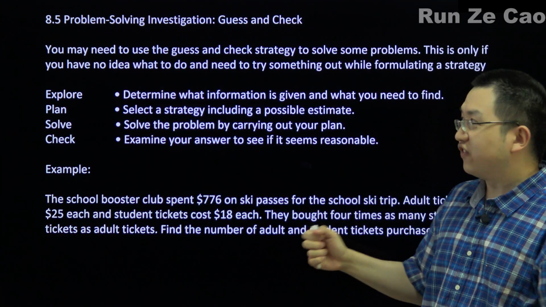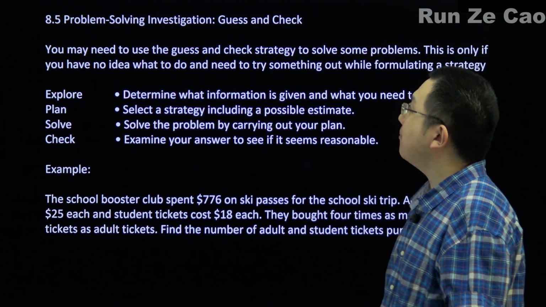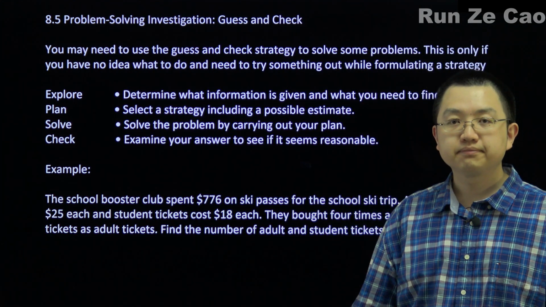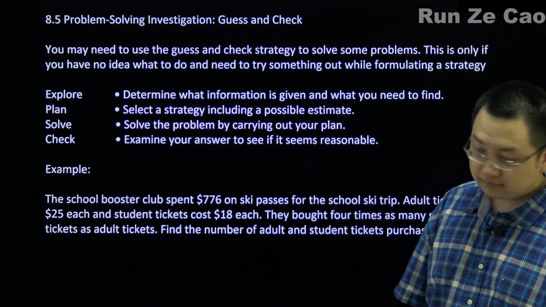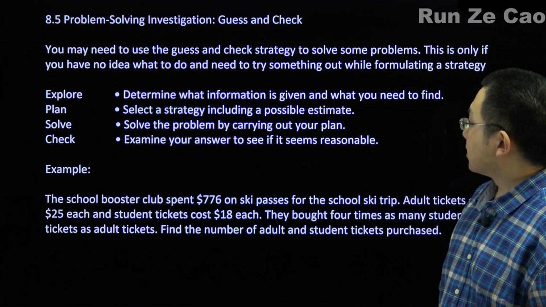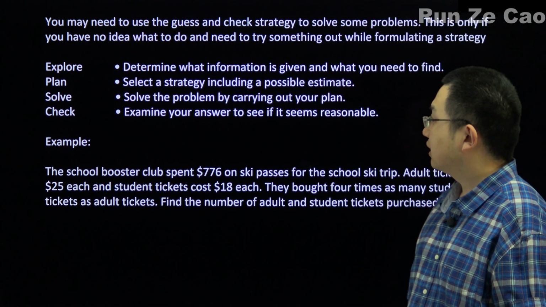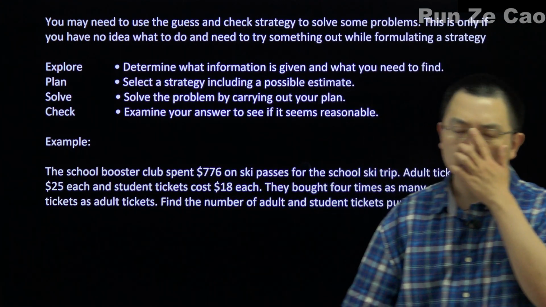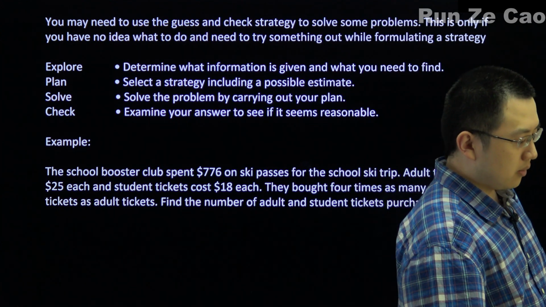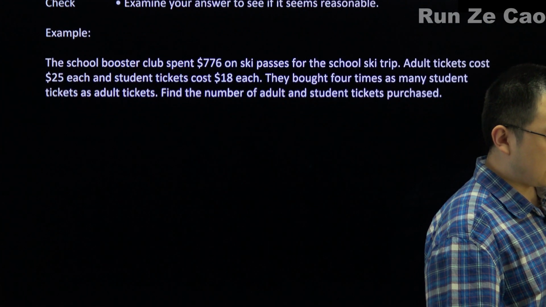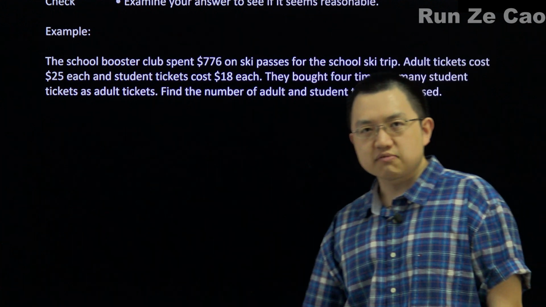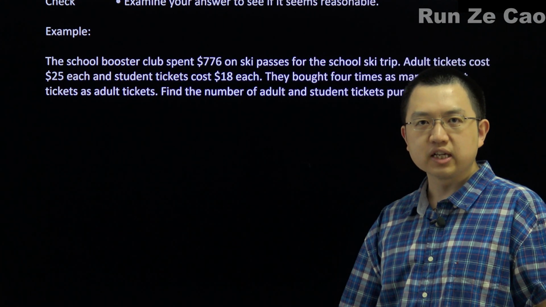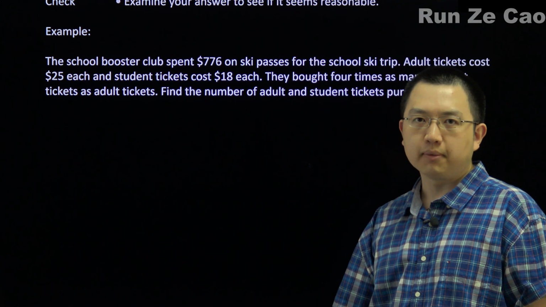So when you have no idea how to do a problem, you can use the guess and check strategy. This is good for helping you choose a strategy that's actually going to work. Realistically speaking, however, I expect this to be very rarely used outside of really tough math contest problems.